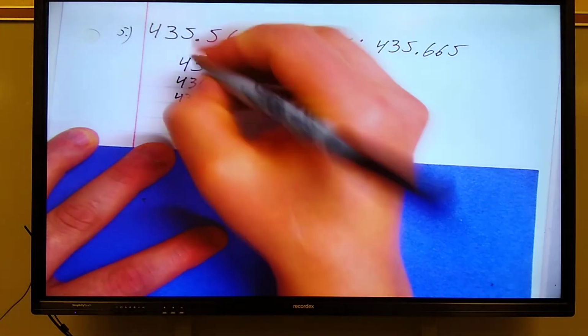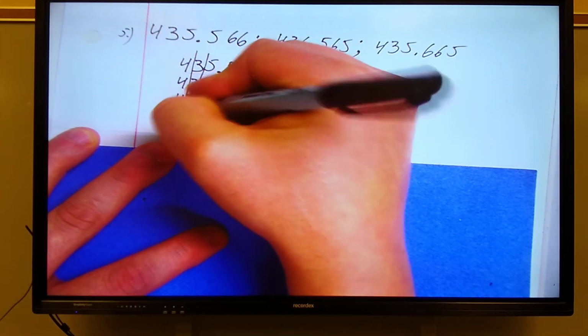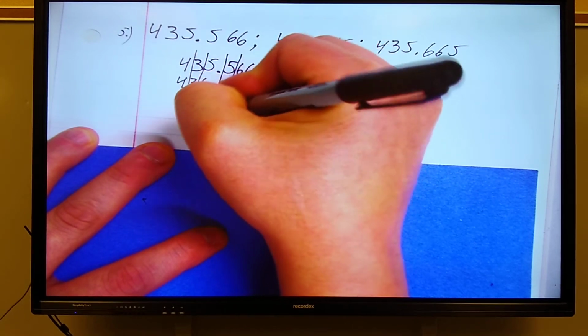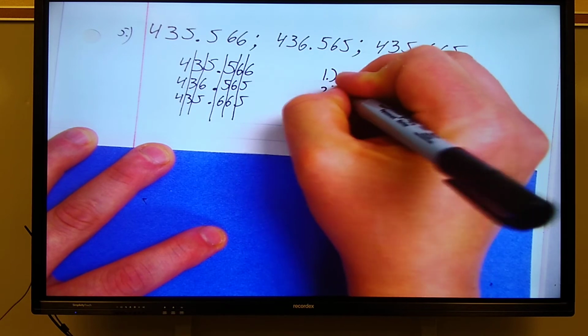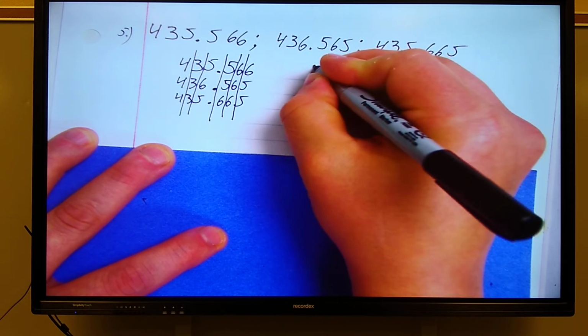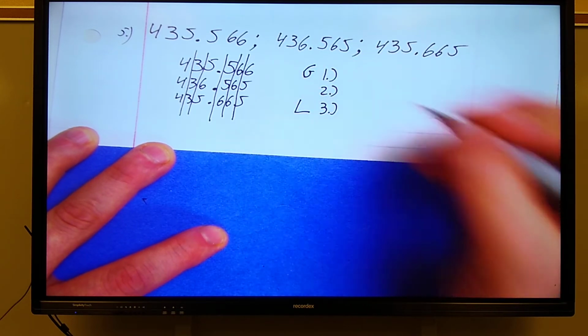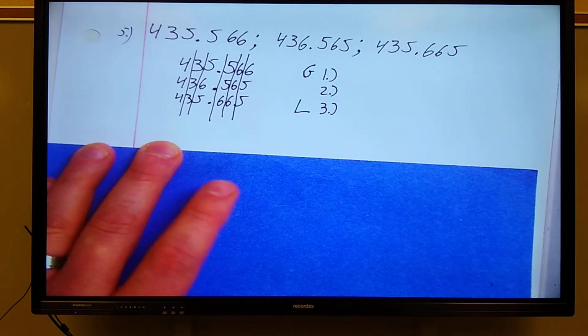They're all lined up perfectly. Put them in columns. 1, 2, 3. My greatest number on top, my smallest number or least number on the bottom.